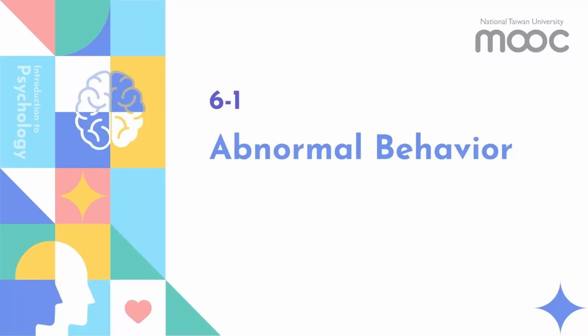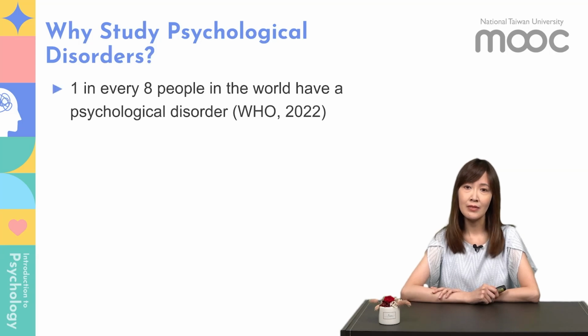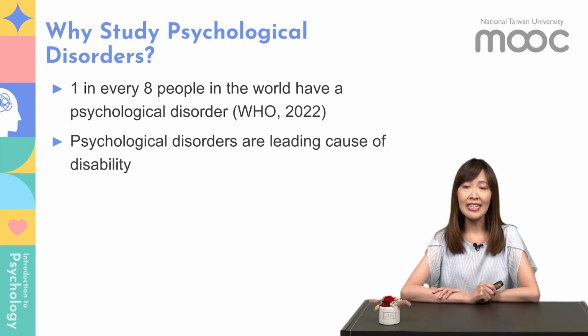Now let's look at psychological disorder and abnormal behavior. So why should we study psychological disorders? Why is it important, and why should we care about it? Well, according to the World Health Organization in year 2022, around the world, 1/8 of us have a psychological disorder, and it is the leading cause of disability.